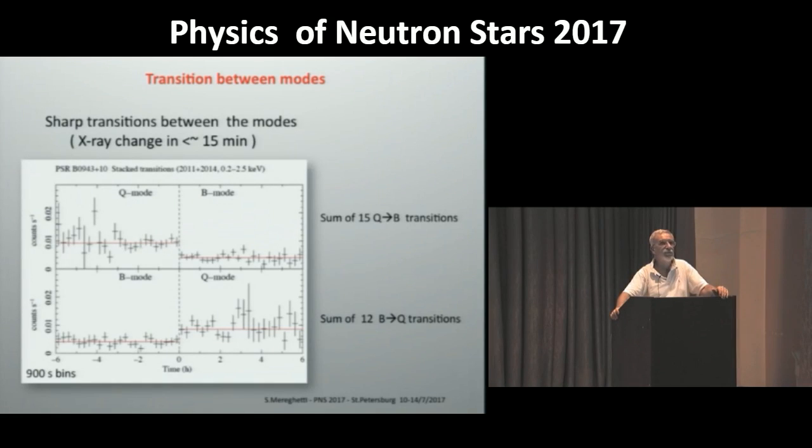Other questions? Ali? Thank you. Two questions. First, has there been a systematic search for X-ray variability in most of the variable radio pulsars?